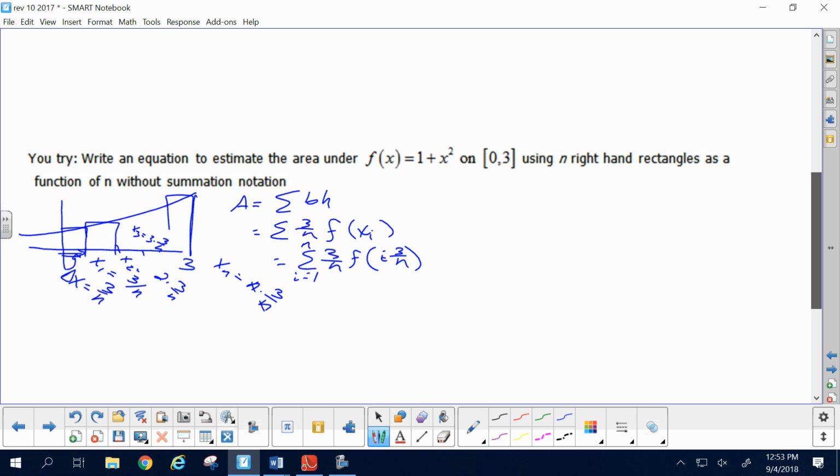After that, we plugged in the function for this problem. In this case, the function is not just some general f, but 1 plus x squared. So it would be 1 plus blank squared, and in that x goes i 3 over n's.